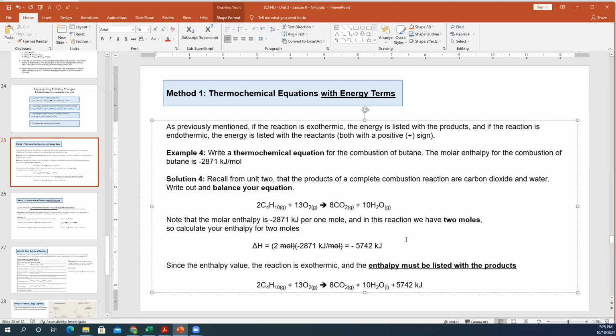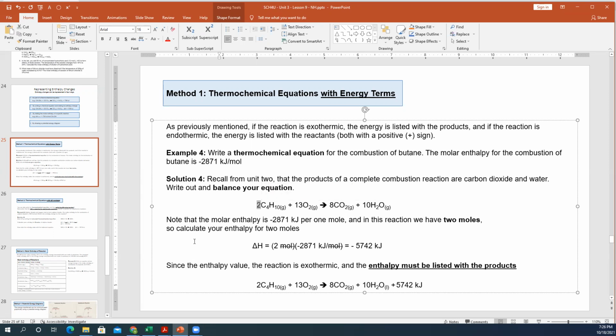So we write out our balanced equation, and we note that the molar enthalpy is minus 2,871 kilojoules per 1 mole. And this reaction, when we write it out and we balance it out, we notice that we have it for 2 moles of butane.